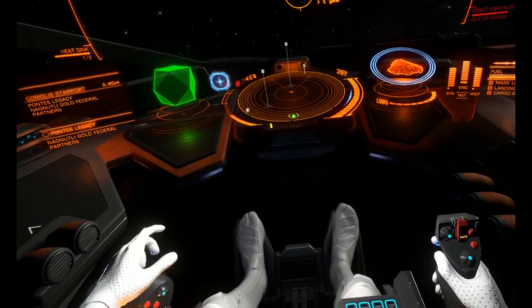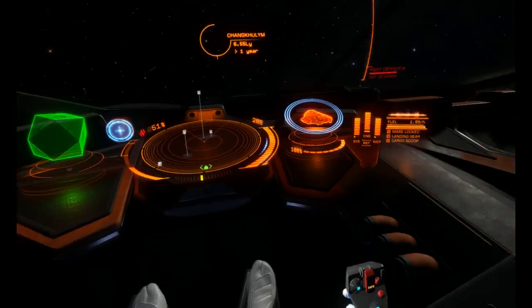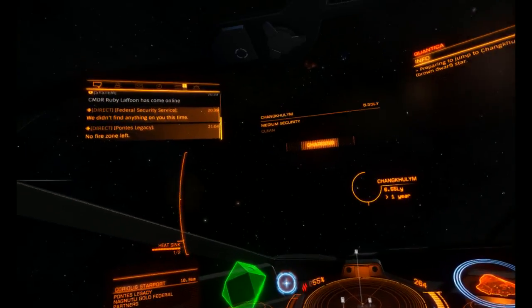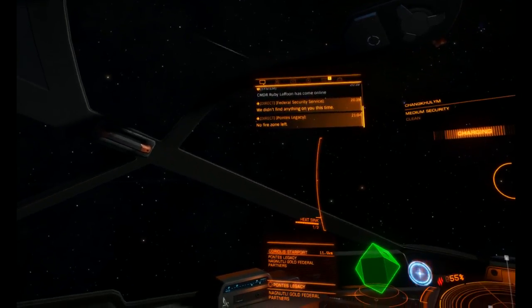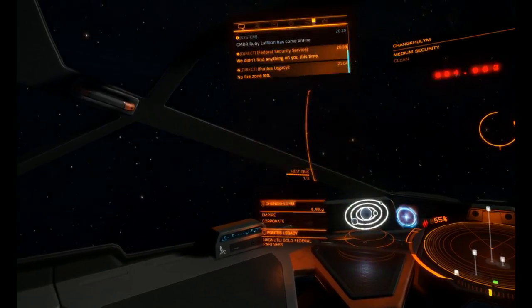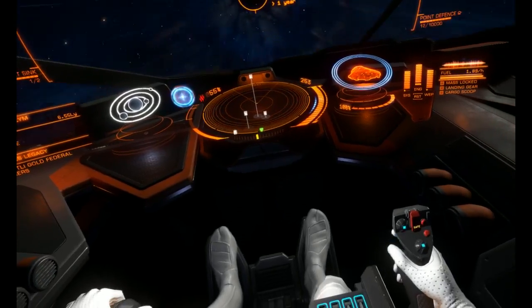Frameshift drive charging. Four, three, two, one.